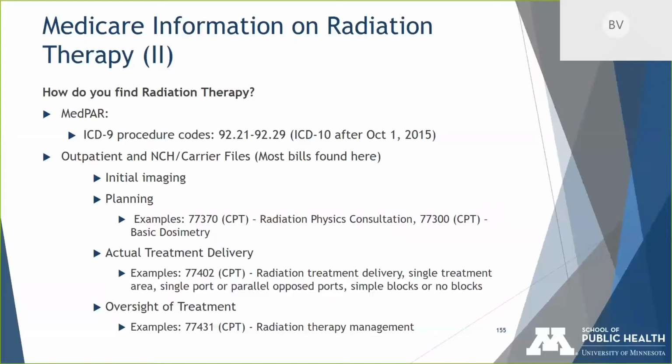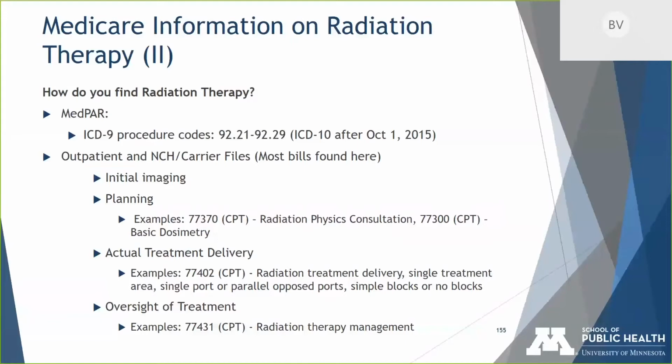Within the outpatient and the carrier files, because of the way that the claims are billed, you have information and are able to distinguish between different phases of care within radiation therapy. So you can see bills for any of the initial imaging that occurred leading up to radiation therapy, planning that may have occurred. As an example, there's a CPT code for a radiation physics consultation.